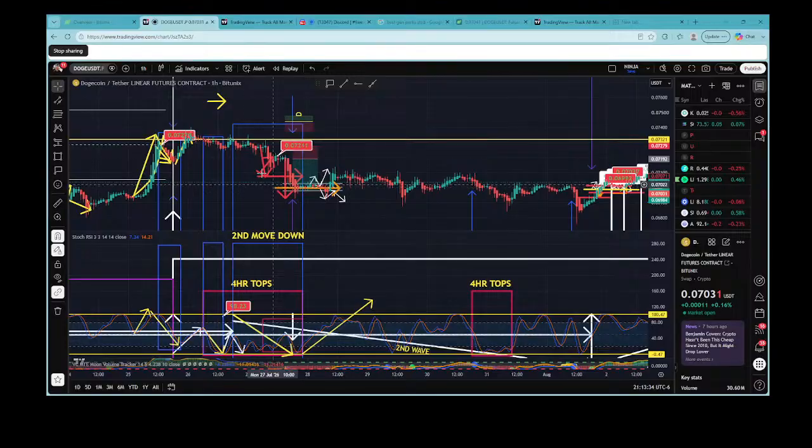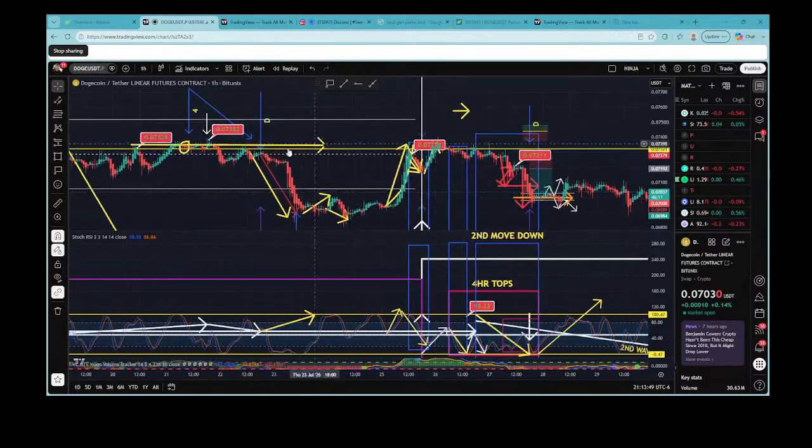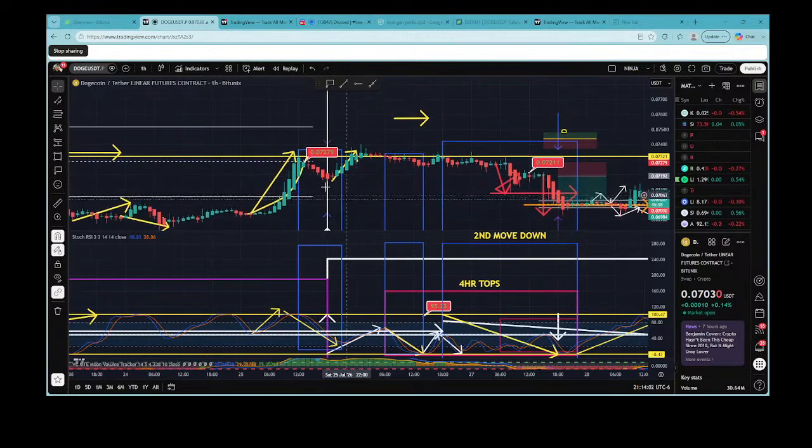That's how you can give yourself the knowledge that with the 4 hour pullback happening in these two zones here, these 1 hour pullbacks are going to give me more than I saw the first time I saw the 1 hour pullback. This first blue box here, when you got this pullback, it was a smaller pullback because there was no red, the 4 hour zone wasn't going down here, right?